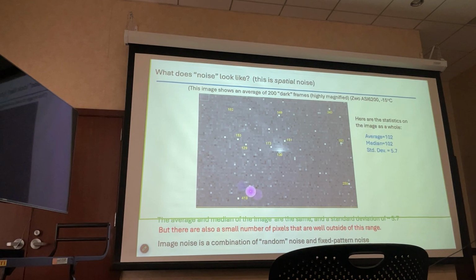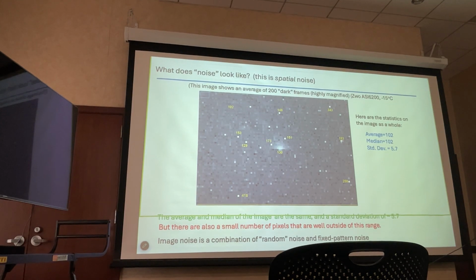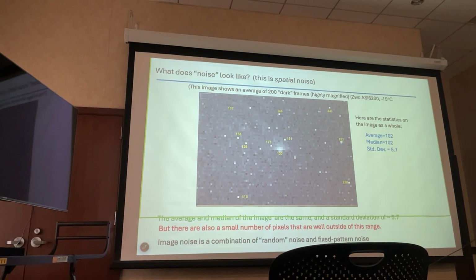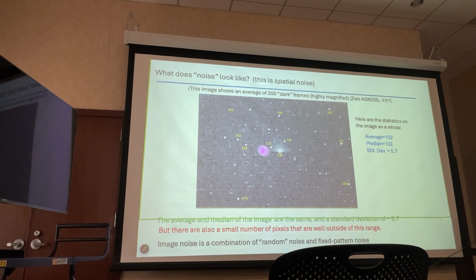If you look at this image, what does your eye pick out? Your eye picks out those bright pixels, and this funky looking one in the middle, which is actually repeatable. If I average many dark frames, I see this kind of thing speckled all through the image, along with these various other features.